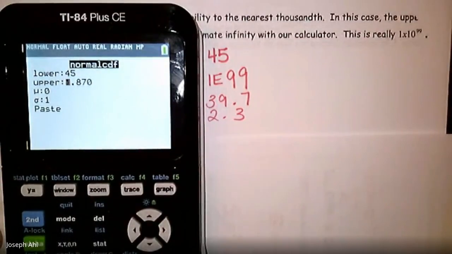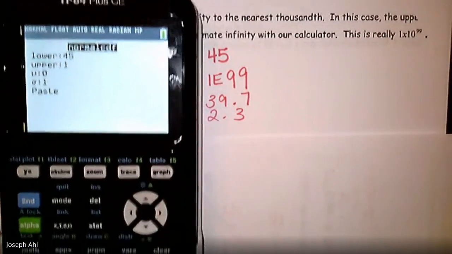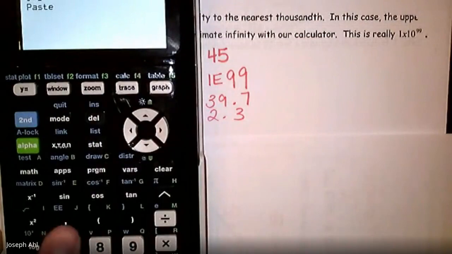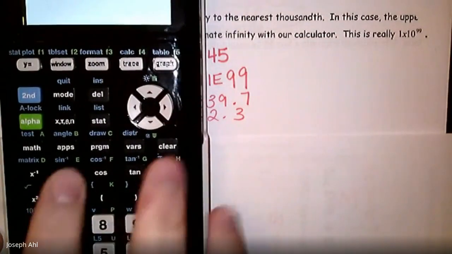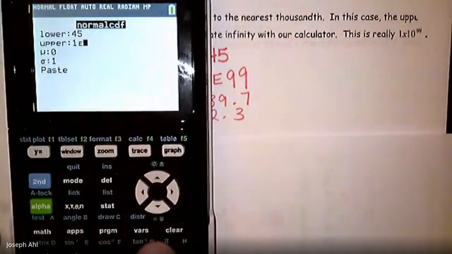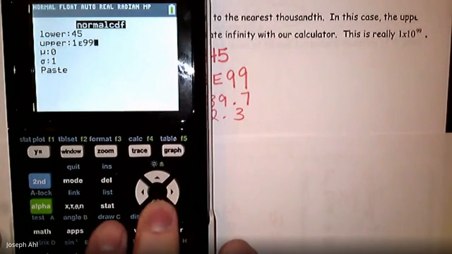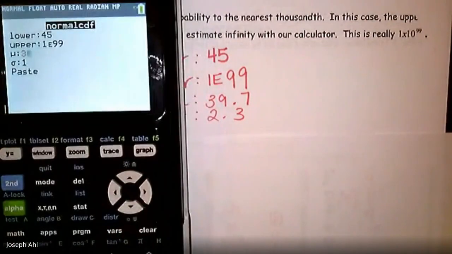For the upper bounds, type in 1. To get the E, you're going to hit second comma. Right above the comma, there's that E there. So second comma would give you the E that we need for scientific notation. 1E99, 1 times 10 to the 99th, with a given average of 39.7.